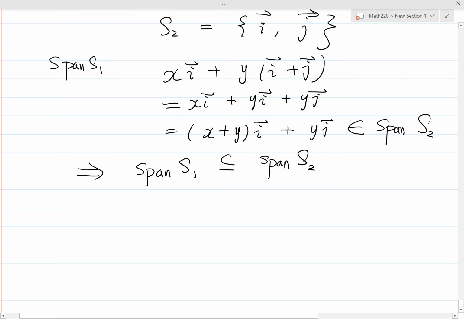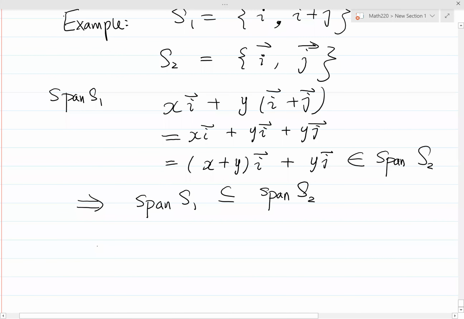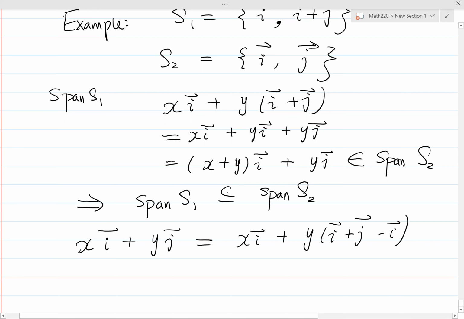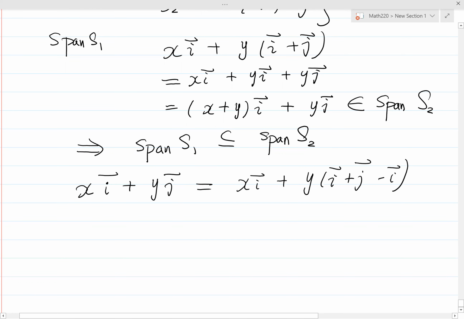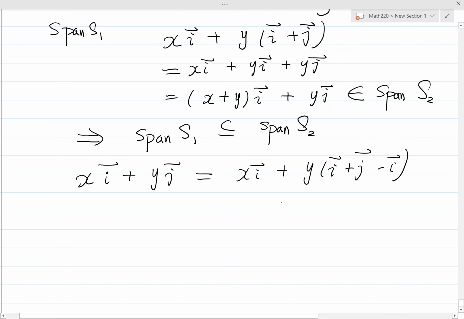Now, of course, a vector in span S2 is xi plus yj. You can write it in this form: xi plus y times i plus j, minus y times i.